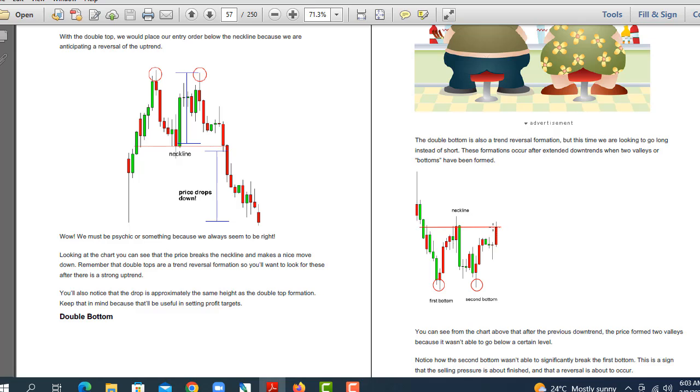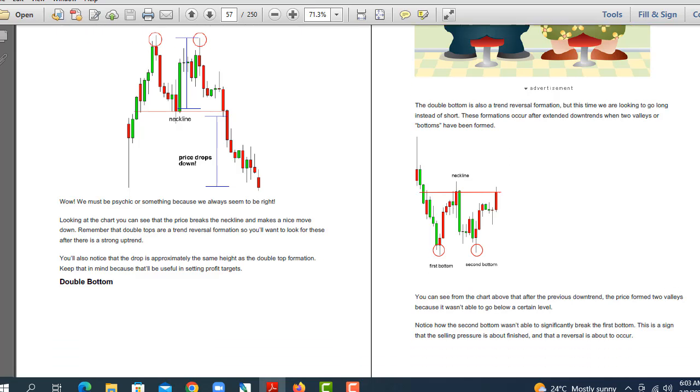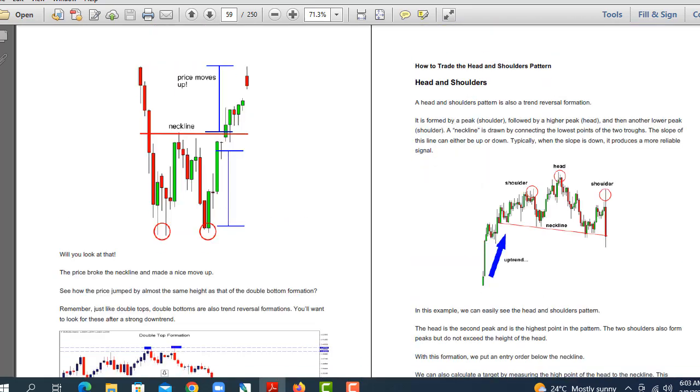All right, so guys, once this neckline is broken after this double bottom, okay, your mind will just flip that this market right here is going to push back up. Okay, so it's kind of a reverse of what happens with the double top. So let's look at how this actually played out right here. So you can see right here, immediately we were able to break this neckline. Okay, then the market started pushing up to the upside, right?